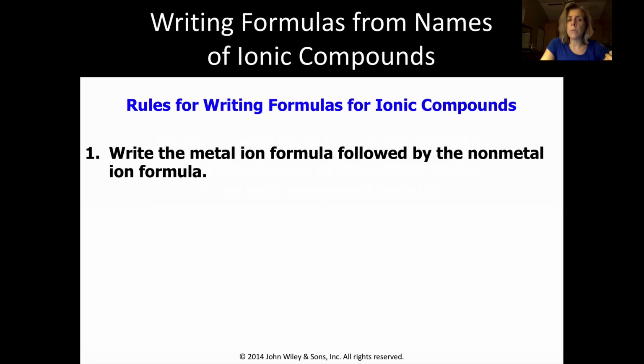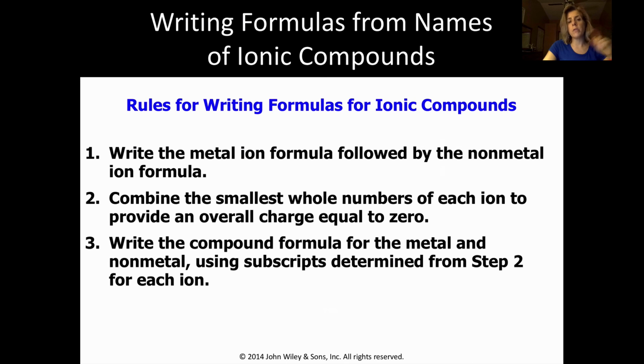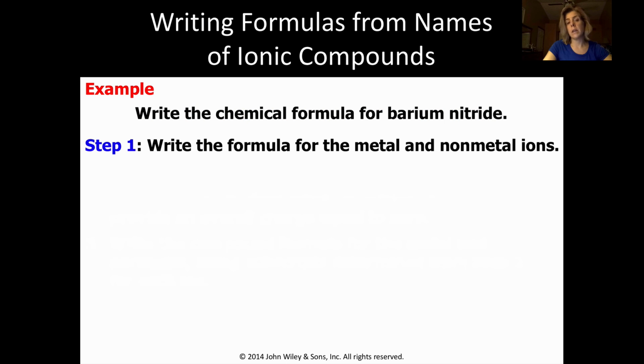Okay, so writing the formula. You want to write the metal first, then the non-metal. And you want to figure out the smallest whole number ratio. Sometimes we have to reduce it down, and we'll practice that. Then you want to make sure you put the subscripts so that they balance correctly. So here's an example. We have barium and nitrogen. Barium has a 2 plus charge.